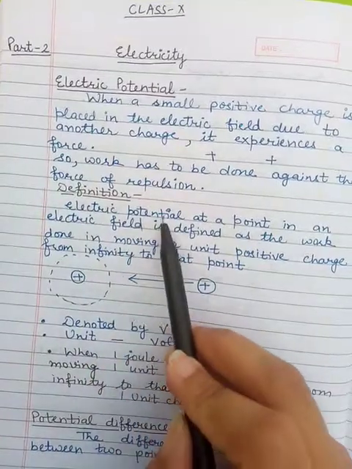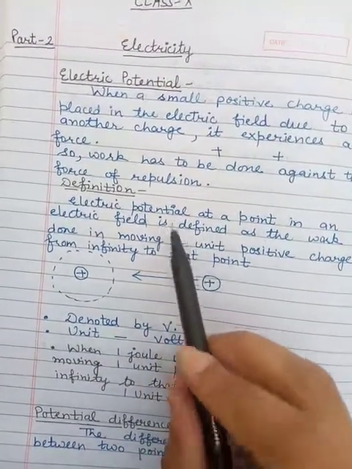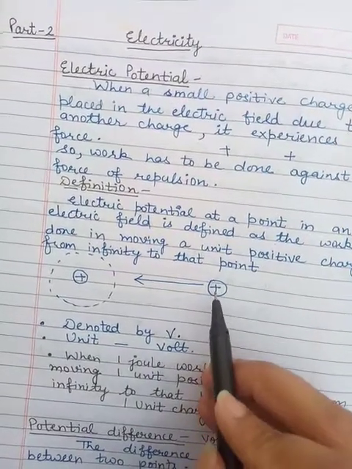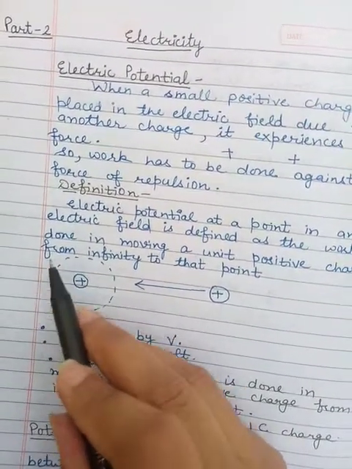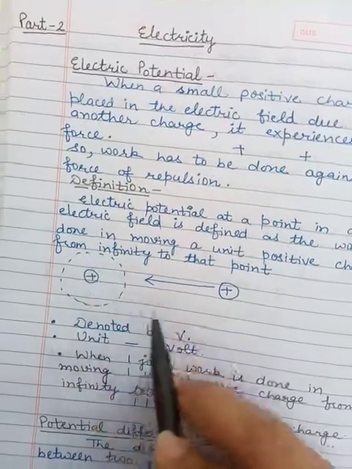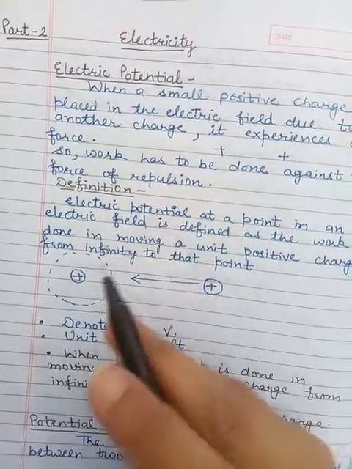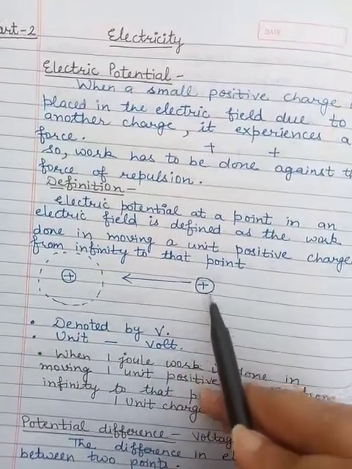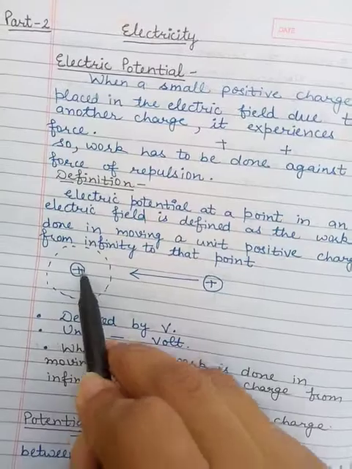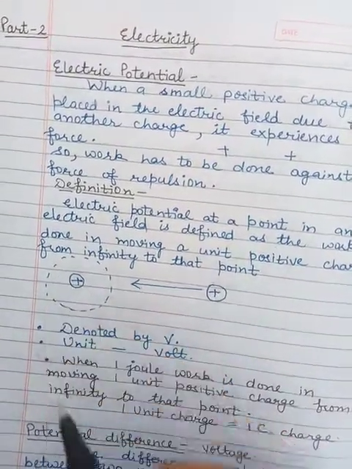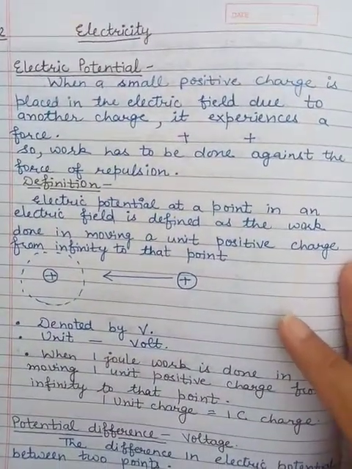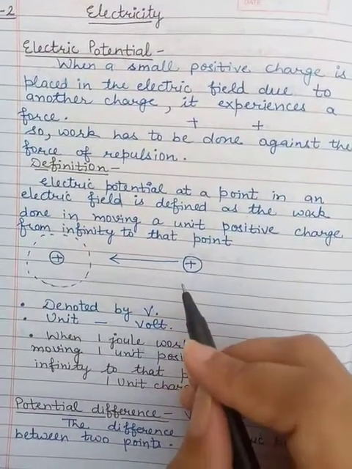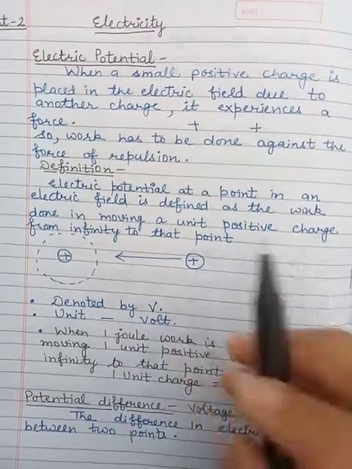The work done when this positive charge moves towards the other positive charge against this electric field is called the electric potential. This charge is moving from infinity. Suppose this is the infinity point and this is the point at which we need this charge. So electric potential is defined as the work done in moving a unit positive charge from infinity to that point.